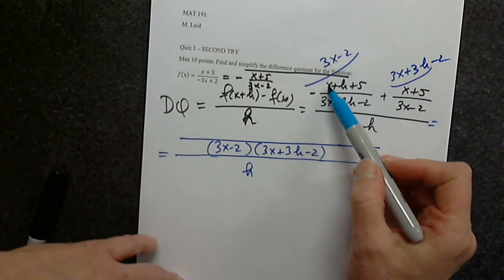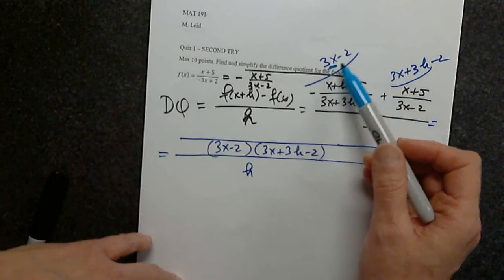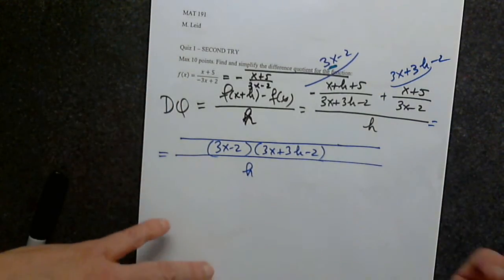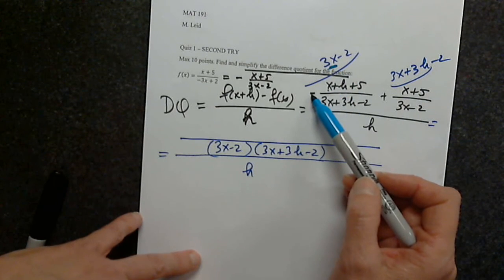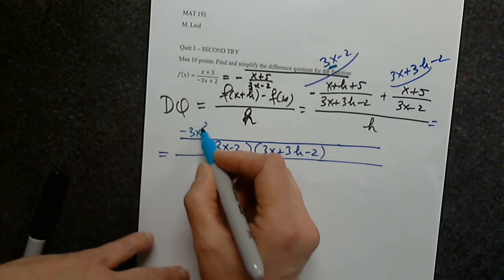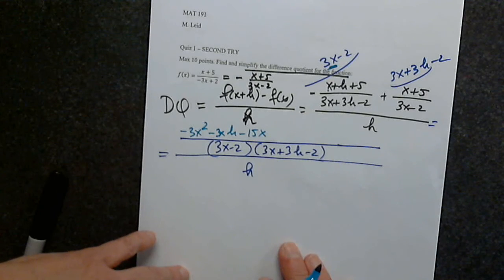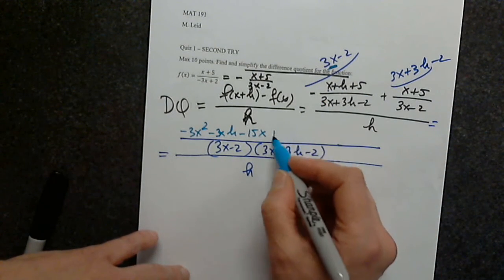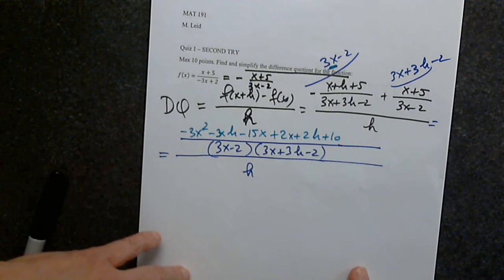So now, careful. I start with the smallest, in this case I distribute from the binomial instead of the trinomial. It doesn't matter really. So 3x times x distributed to all three, keeping in mind that I have to change all signs. So this will be negative 3x squared, negative 3xh, minus 15x. Then I distribute negative 2, but there is a minus in front, so I put plus 2x plus 2h and plus 10.